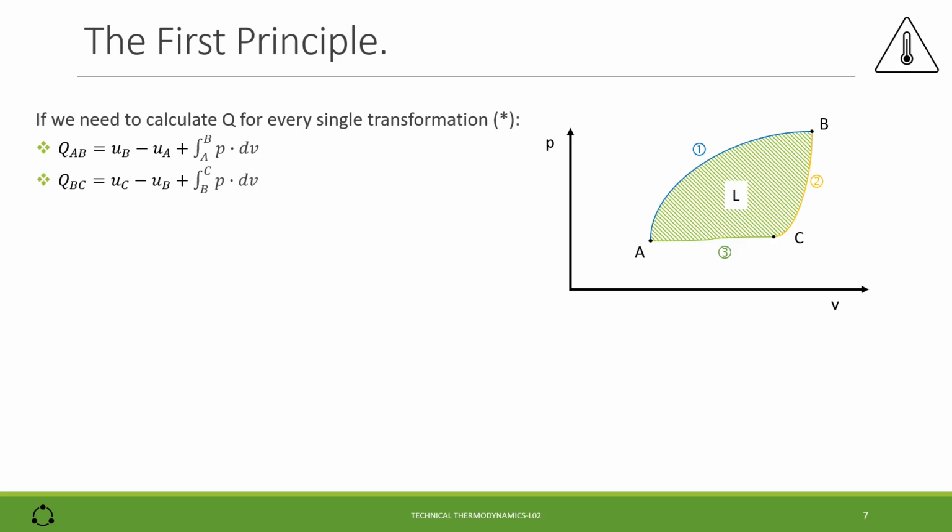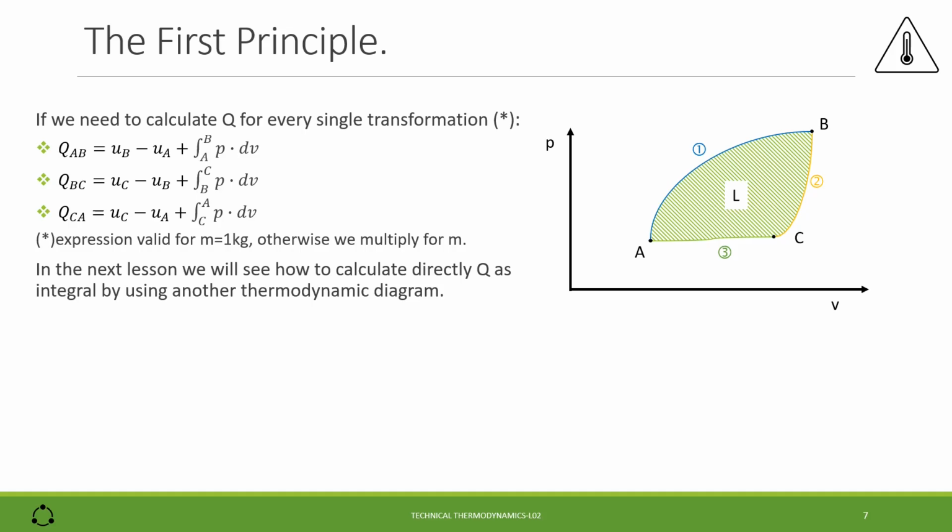And the same we can do for the transformation BC and for the transformation CA. Of course, the expression is valid for the unitary mass, otherwise we multiply for M. In the next lesson, we will see how to calculate the heat directly as an integral using another thermodynamic diagram.